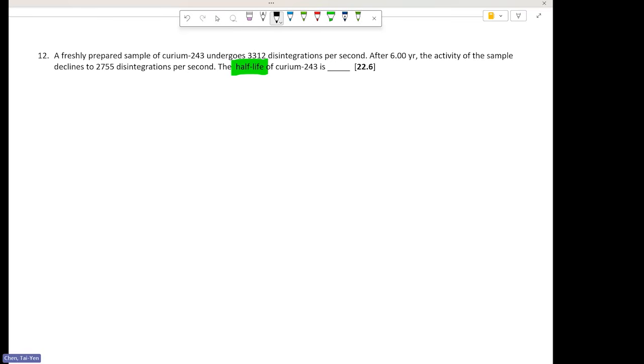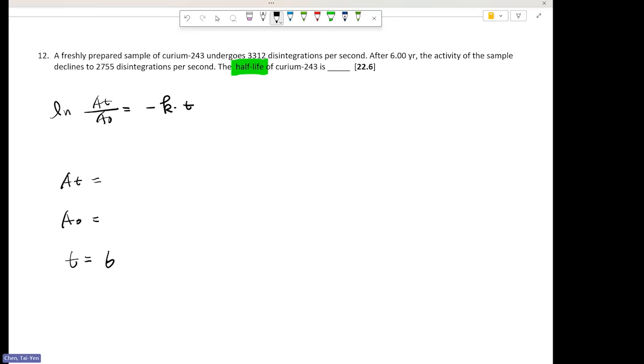Therefore, you know ln(At/A0) equals negative k times t. After you write this out, what other information do you know? At, A0, what else? Time, very good. Time is the easy one. What's the time? 6 years.